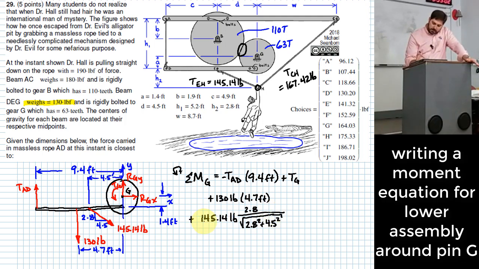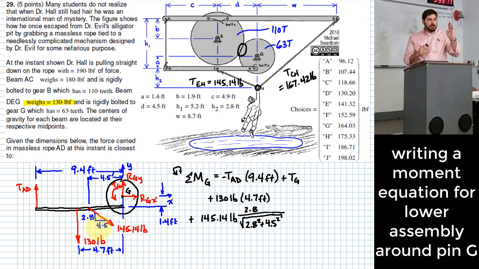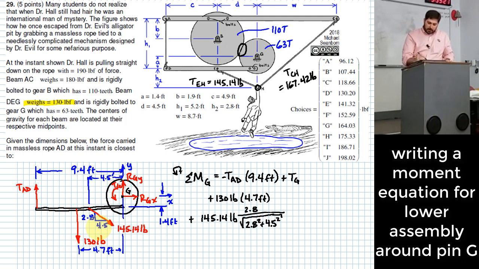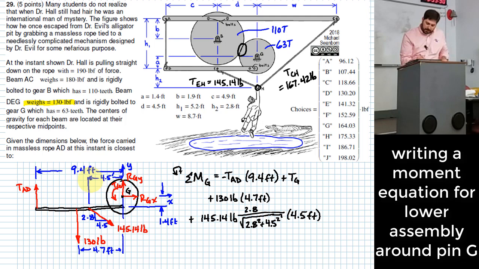Okay. So far, what I've done is I've picked off just the vertical component of the force acting at E. What do I need to multiply this by to turn it into a moment? Take your vertical component and multiply it by what? Horizontal length, right? So my horizontal length is 4.5 feet. Right? See that horizontal length right there?